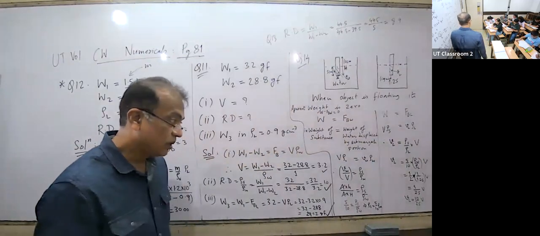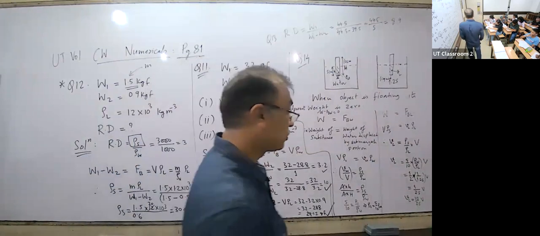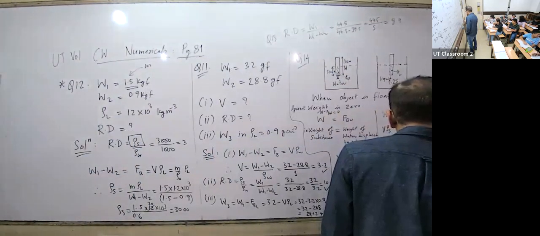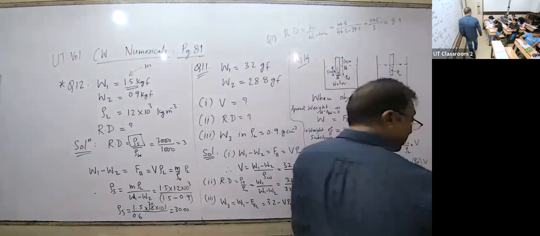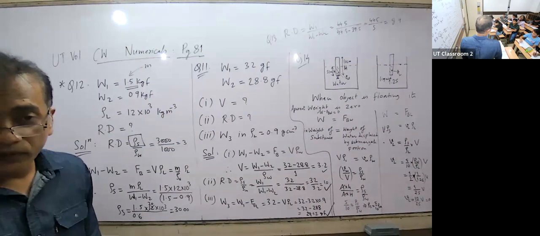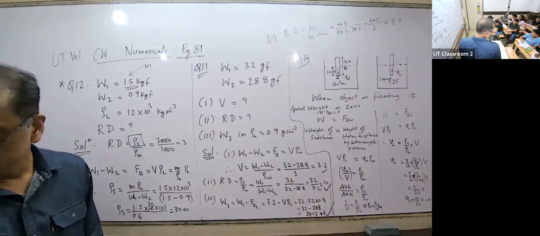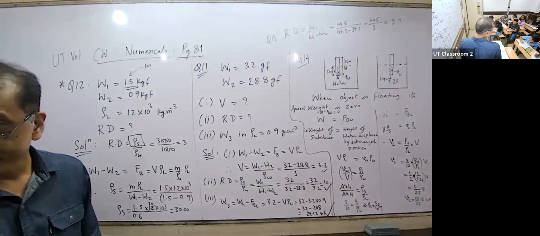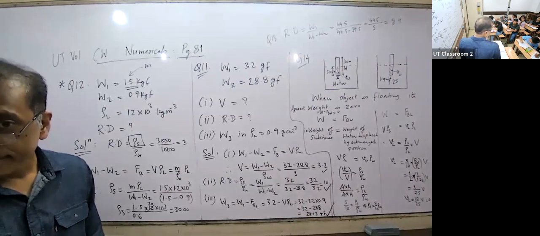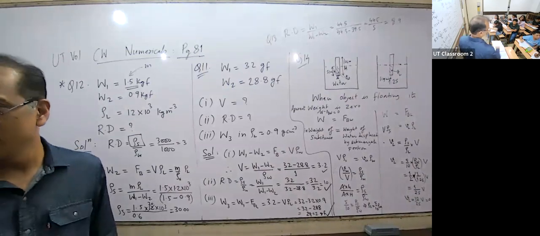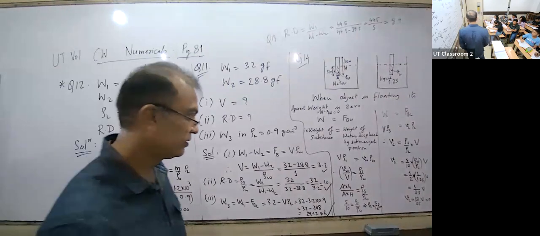So 10 by 25 is how much? 0.4. So in the liquid, it is 0.4 times V. 0.4 is 40%. So what is 40% of 10? 4 centimeter is ours. आ गया?